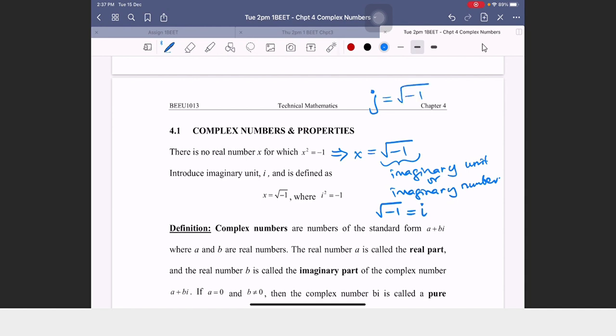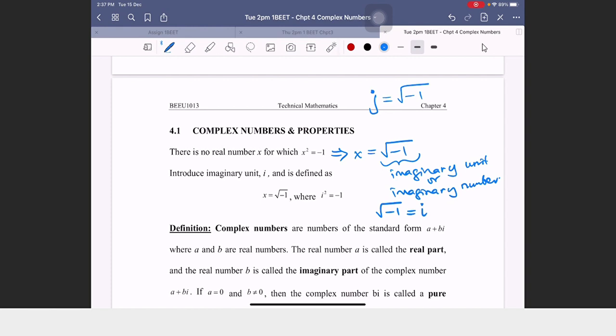So if you encounter complex numbers with j in your engineering classes, don't get confused. It's just a letter, and the rest is the same in terms of properties and arithmetic operations.